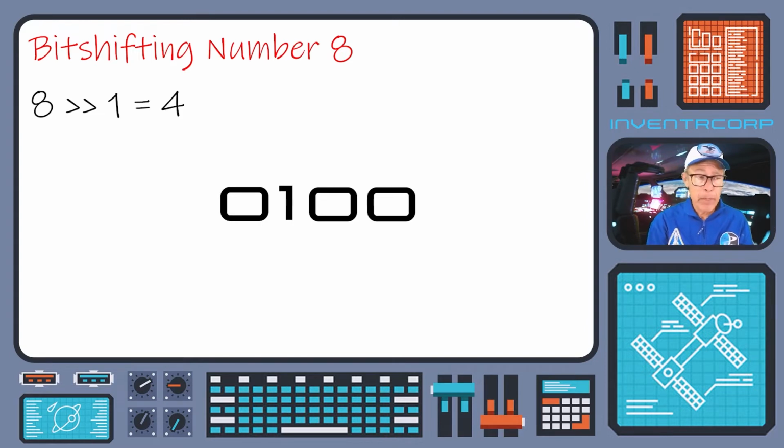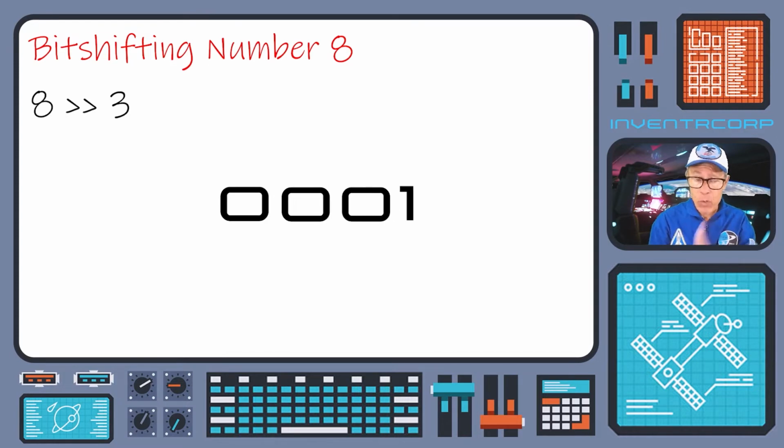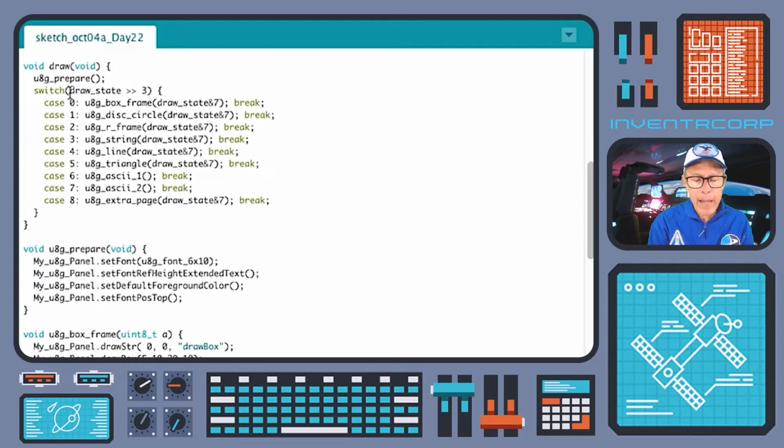If I bit shift it 3 to the right, then all I have is a 1. And so bit shifting 8 to the right 3 positions gives me back a 1. So what's happening here is that we're taking the draw state number and we're bit shifting it to the right 3 positions.